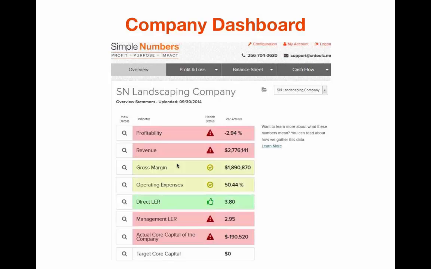I'm okay with that, because that just means that you found a way to get your margin dollar target without having to sell as much stuff and pass as much stuff through. Operating expenses, I'm okay with that one being as a percentage of revenue. And then you get into direct labor efficiency ratio, management labor efficiency, and then core capital target.